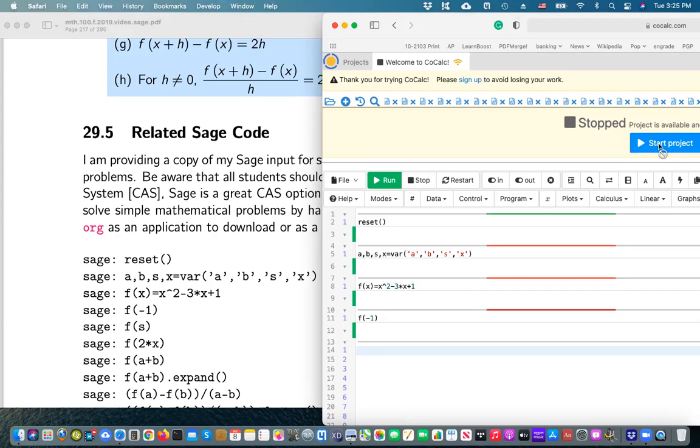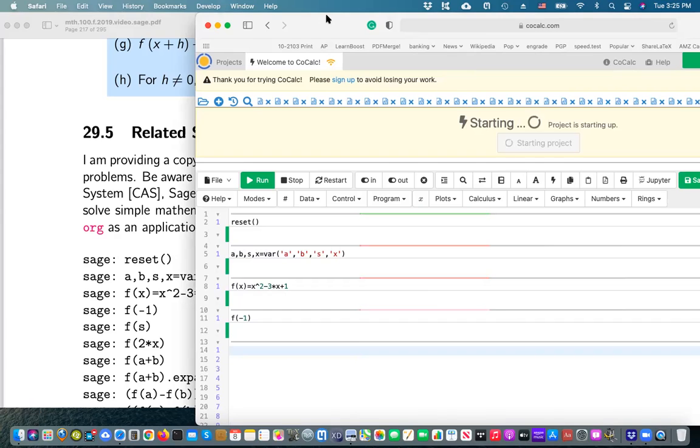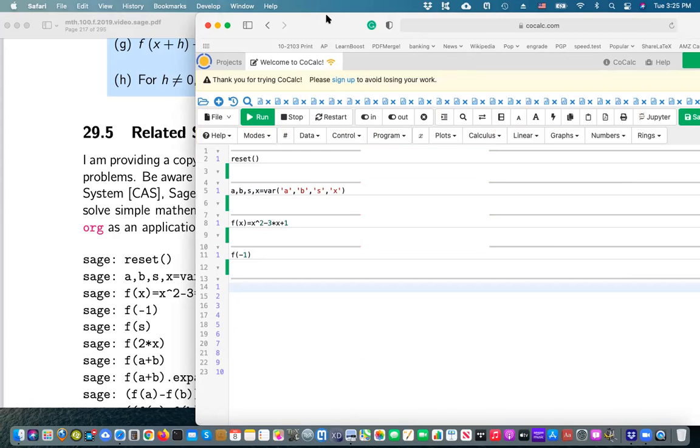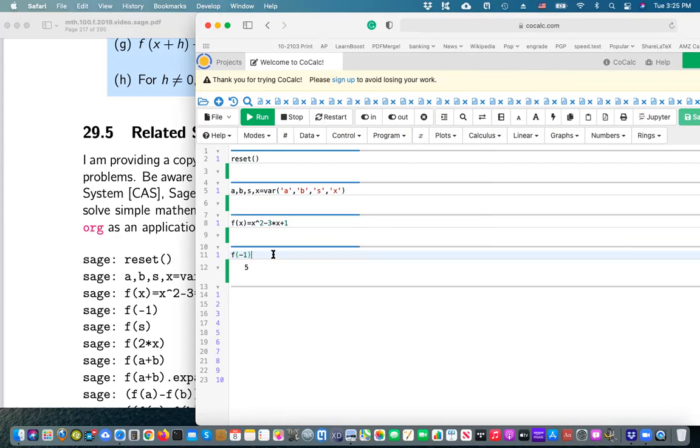Let me just, I might have to start again. I'm just hitting shift enter again. Oh, there it goes.